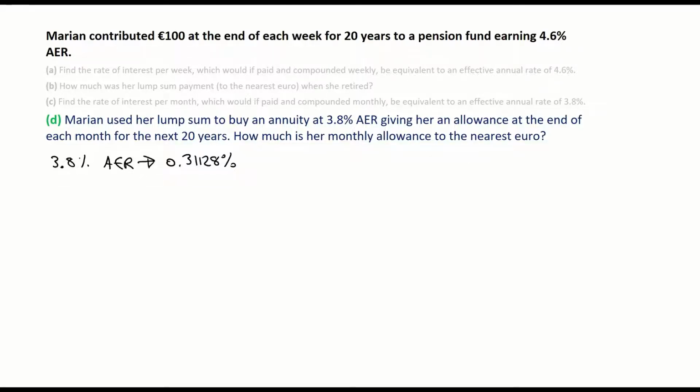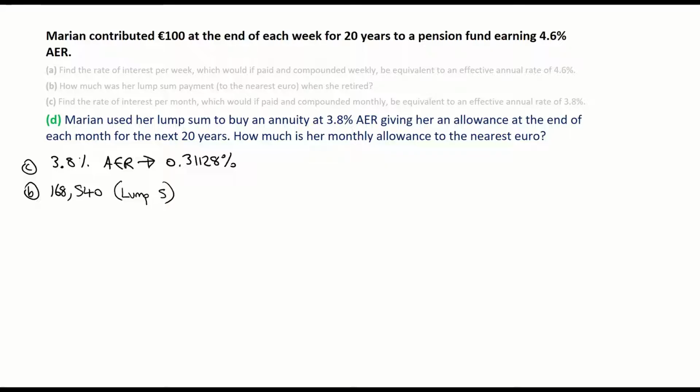We also know from part B that her lump sum is 168,540 euro. That's what her lump sum that she saved is worth. And she now wants to divvy out that lump sum over the next 20 years of her retirement.